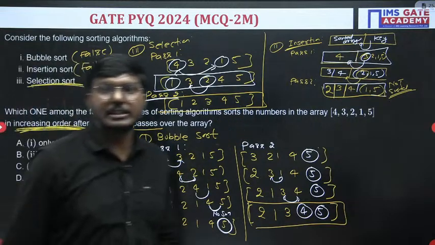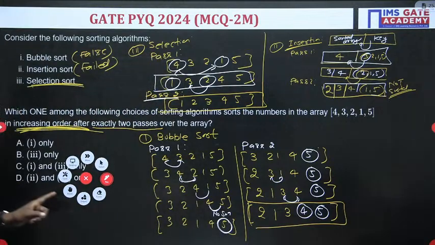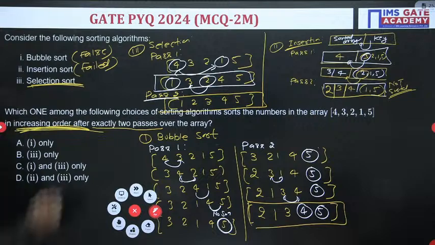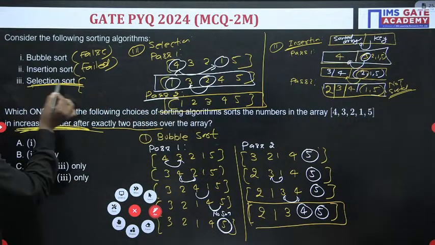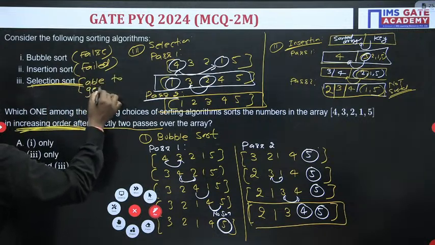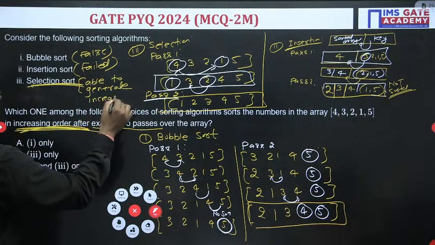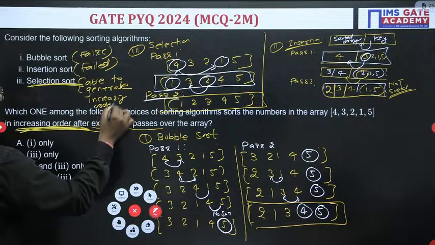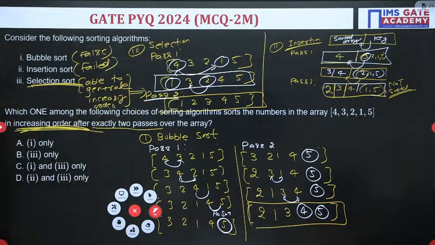Be careful. After the second pass, only selection sort is able to generate the increasing order of the array after two passes. Only selection sort. The remaining all failed.